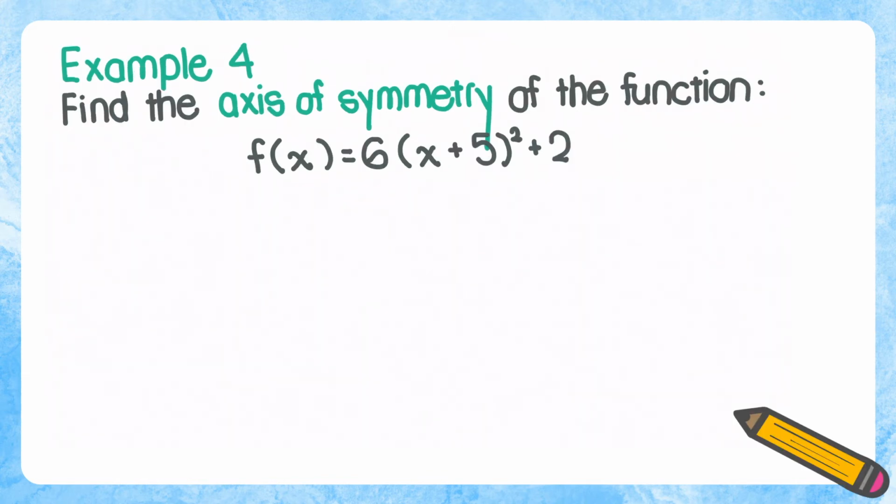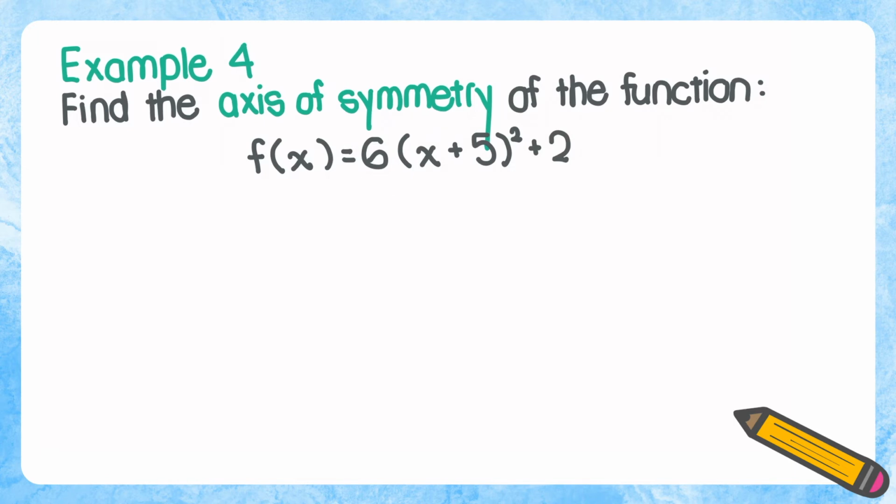Okay, so for our next example, let's find the axis of symmetry of the following function. F of x equals 6 times x plus 5 quantity squared plus 2. Do you notice anything different here?